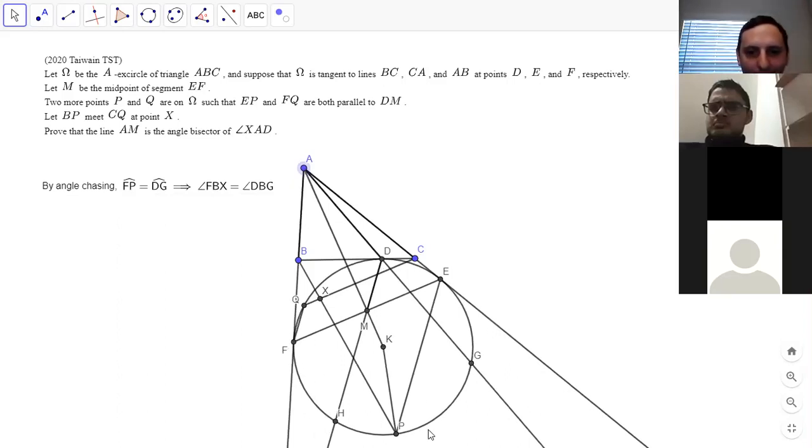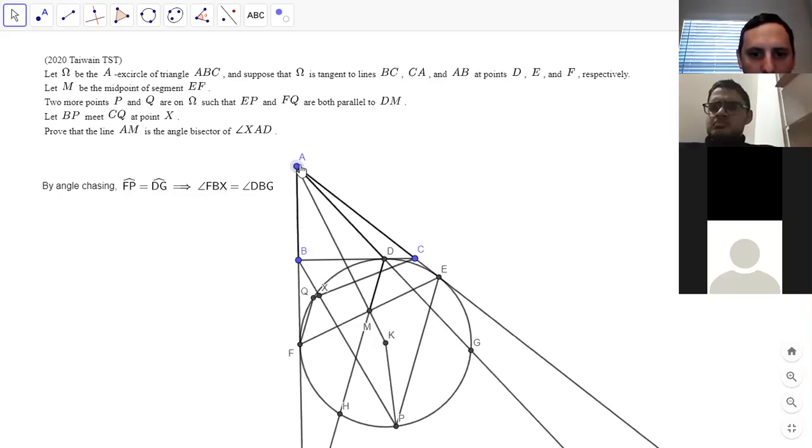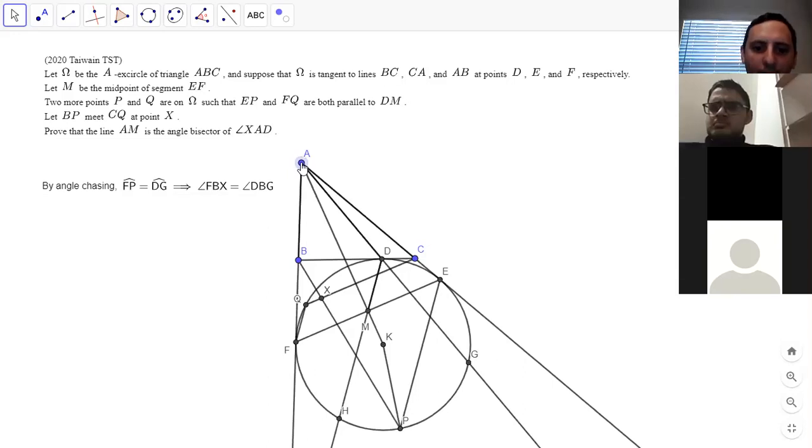So let's see, FP is FH plus HP, which is FH plus DE. And then is FH equal to EG? Yeah, FH is equal to EG, because they're parallel.